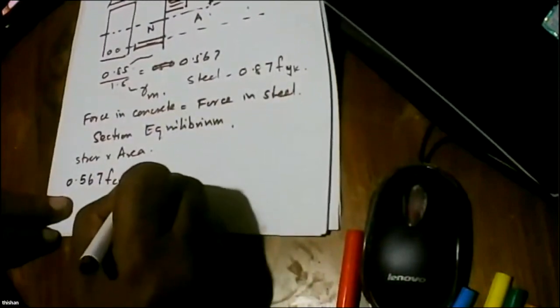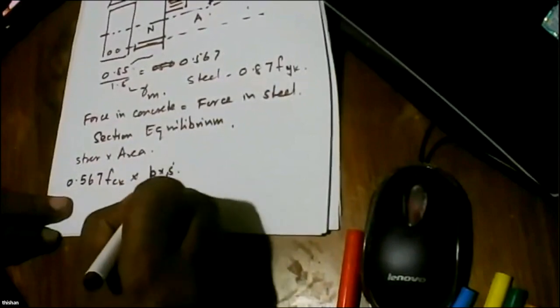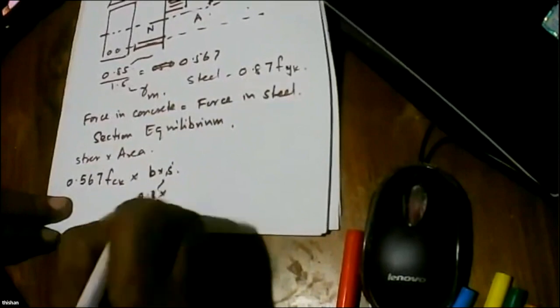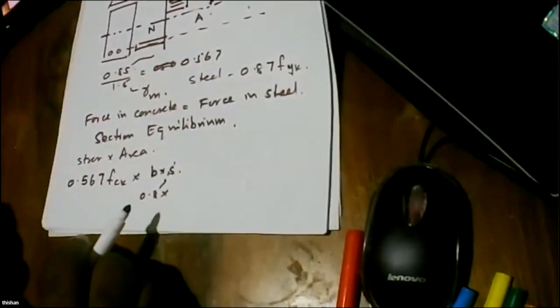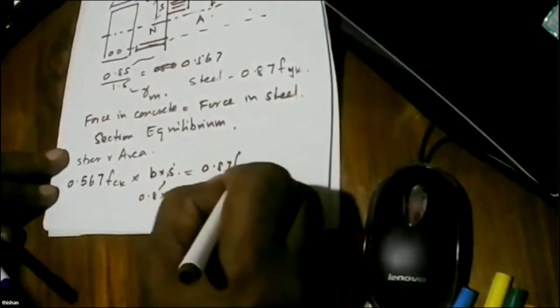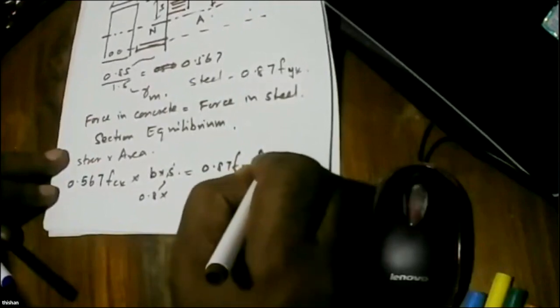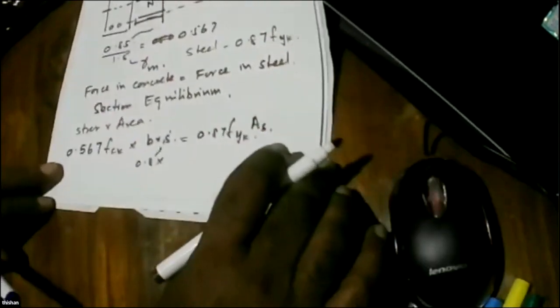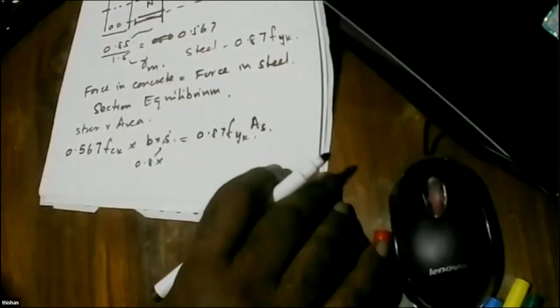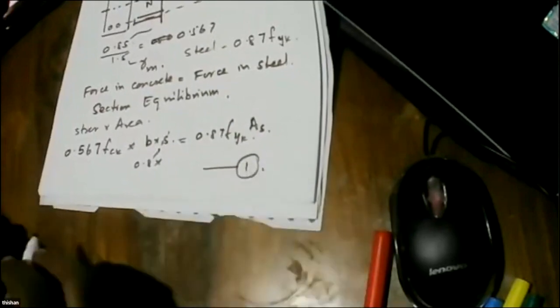Area is B times S. What is S? 0.8 times X. Area is B times S. This is S. And that should be equal to 0.87 FYK times area of steel. And that's it. Force is equal to stress multiplied by area. So this is the first equation. Very important equation.